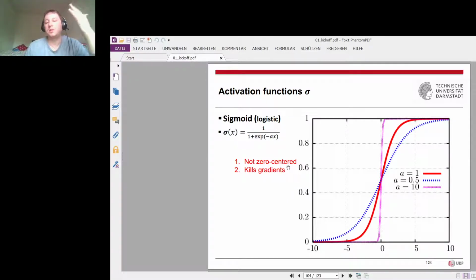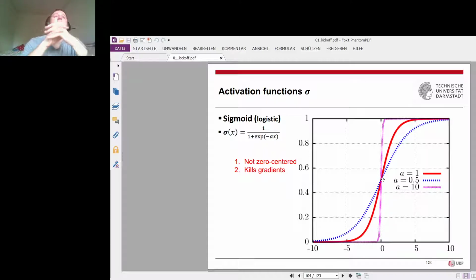And it's also not zero-centered. Zero-centered means the value of the activation function is centered around 0. You see it's actually centered around 0.5. It goes from 0 to 1, and the center is 0.5, so to speak.